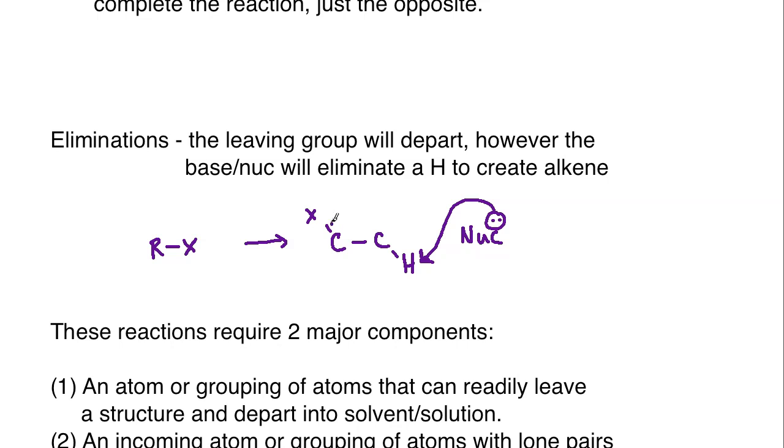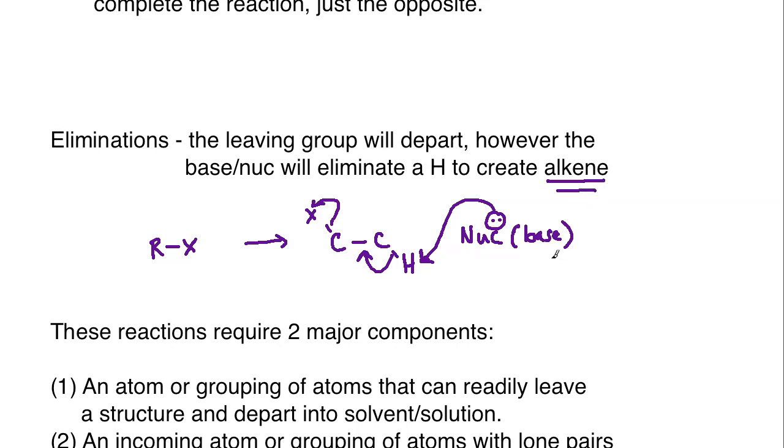So it is possible to have a leaving group leave, and as that leaving group is leaving, a hydrogen is being abstracted by a nucleophile, which is really behaving as a base in that case. And the electrons in that adjacent hydrogen bond will come in and create a pi bond between the carbon that had the leaving group and the carbon that contained the adjacent hydrogen. And when we create a double bond, that would be an alkene.